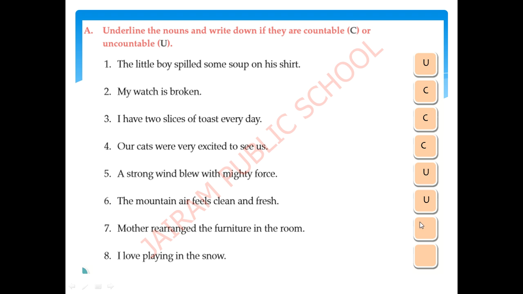So it is an uncountable noun. The next word you have to underline in this eighth sentence is snow. I love playing in the snow. So the given word is snow. Can you count snow? No. If it is uncountable, your answer in the box is U.